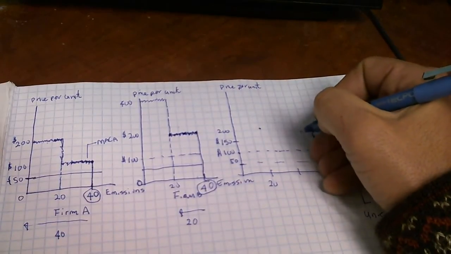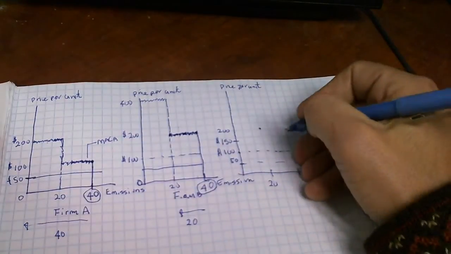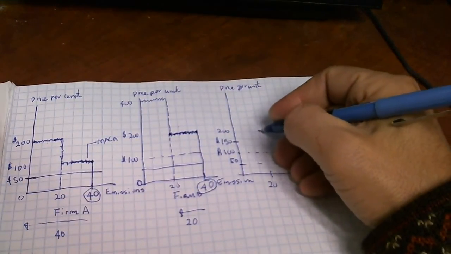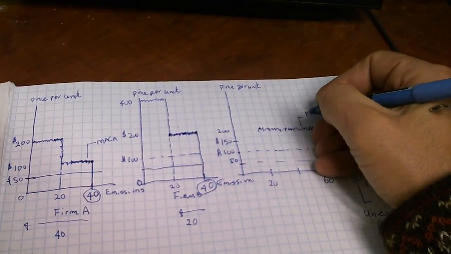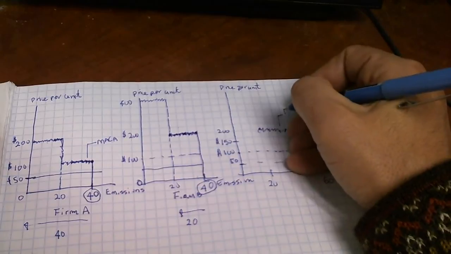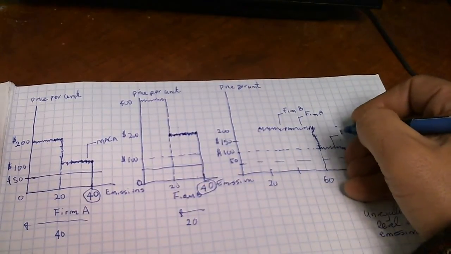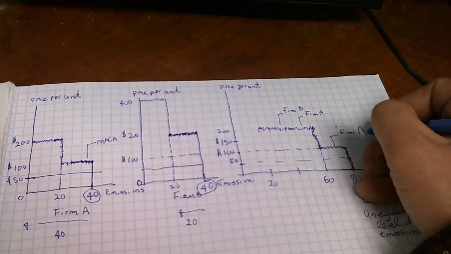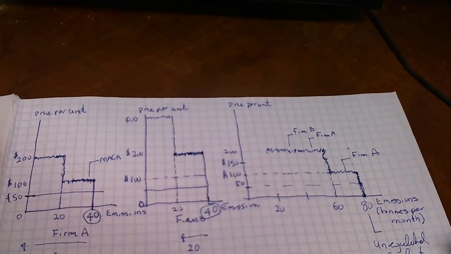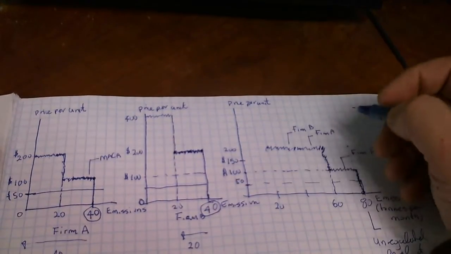So you will have basically these 20 that come from firm A, and this 20 coming from firm B. So let's say this is from firm A, and this is from firm B. And we know that this first one was from firm A. Pretty good. I didn't even look at the page.